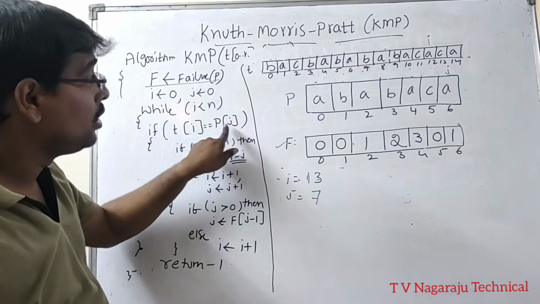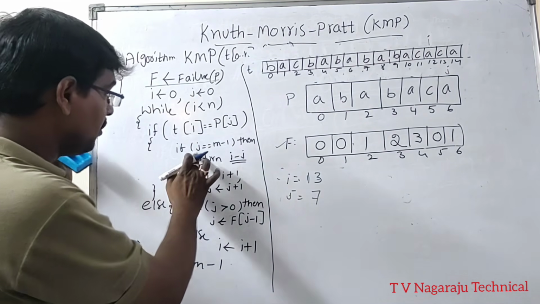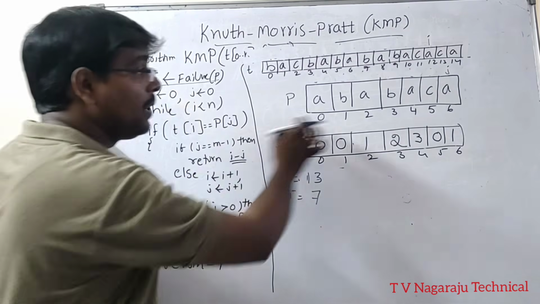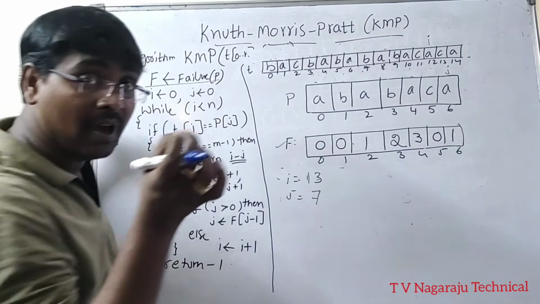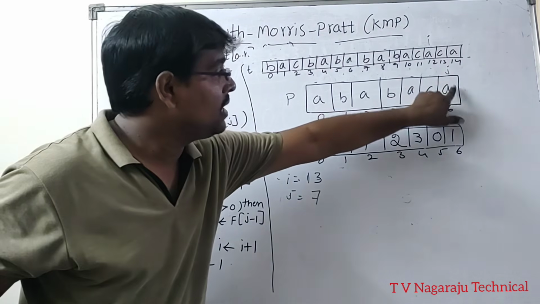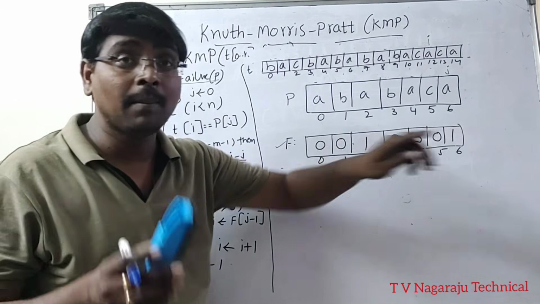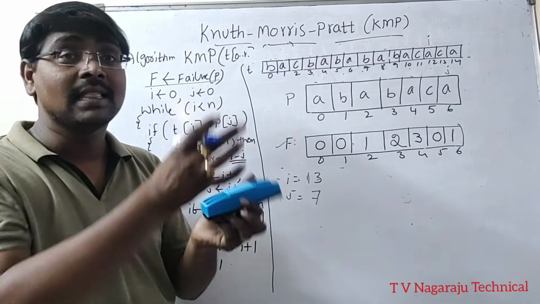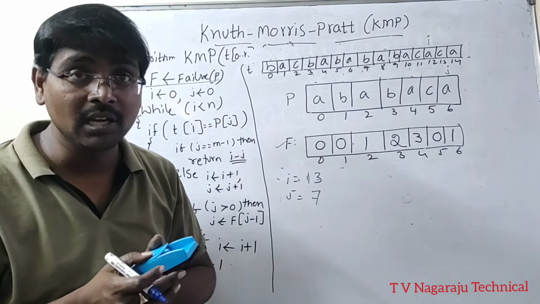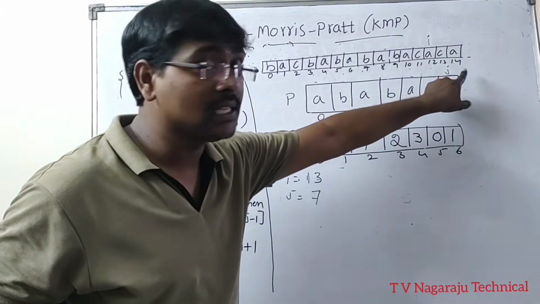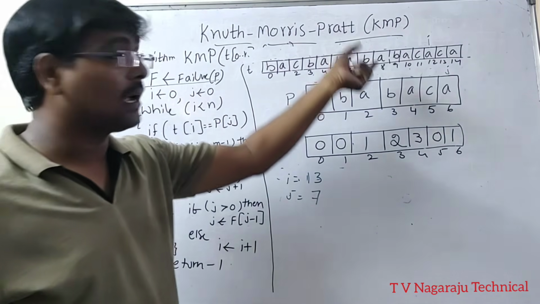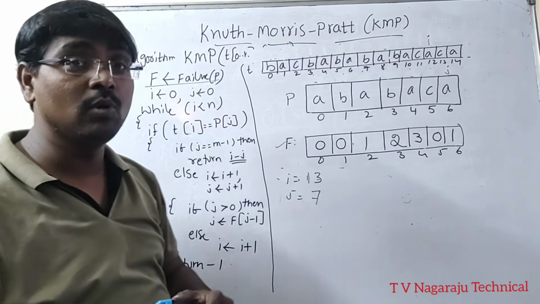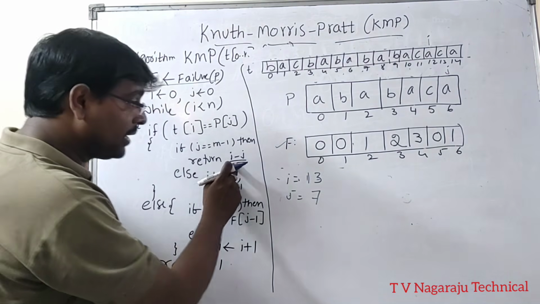A is equal to A, and J equals M minus 1. M value is 7. If J is equal to M minus 1, it means the end of the pattern is reached. Whenever J reaches the end of the pattern, the complete pattern is available in the text. What do you need to return?